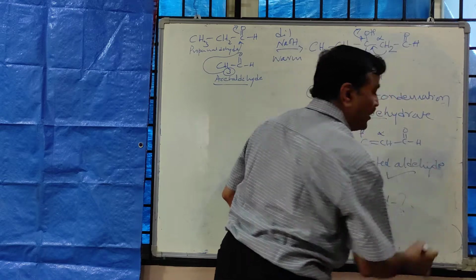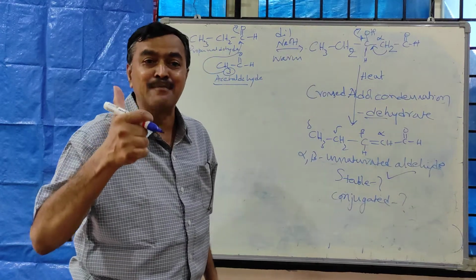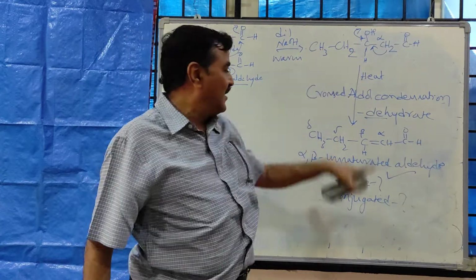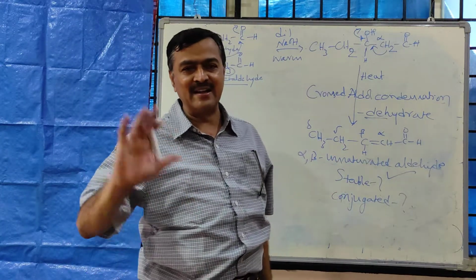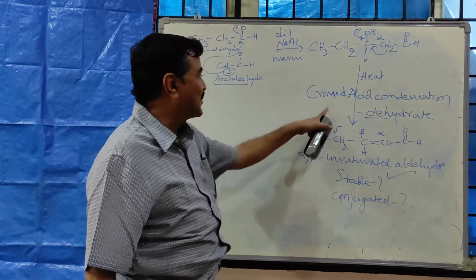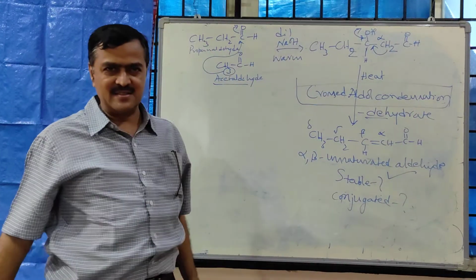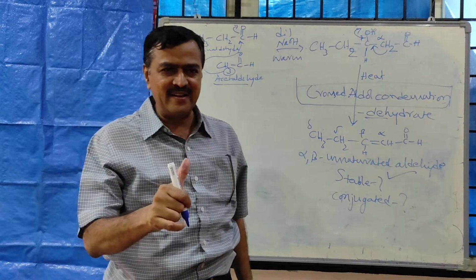This alpha beta unsaturated aldehyde is stable. It is more stable than this beta hydroxyaldehyde. Hence, this will happen readily on heating. This is called cross aldol condensation. Is it clear?